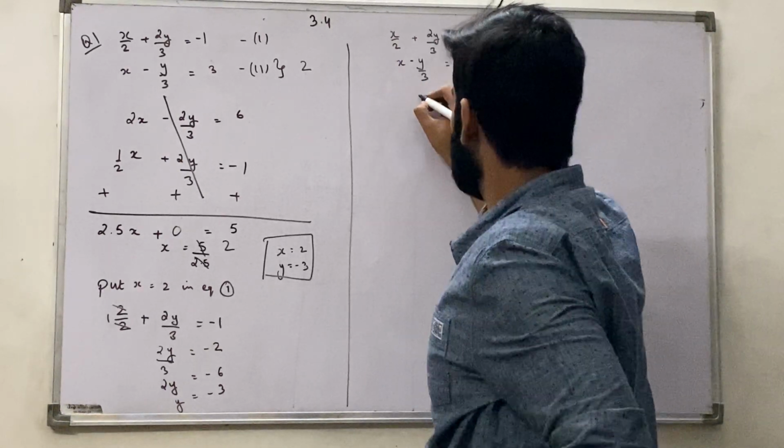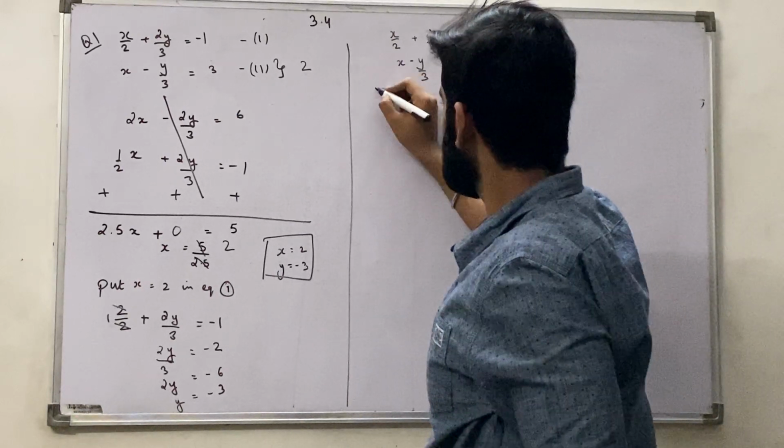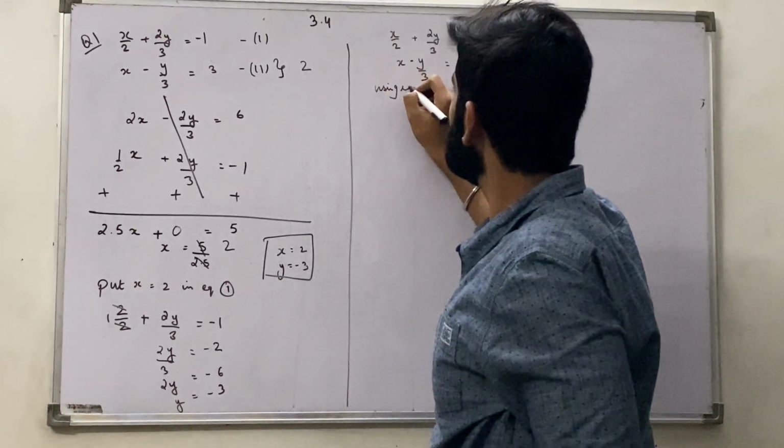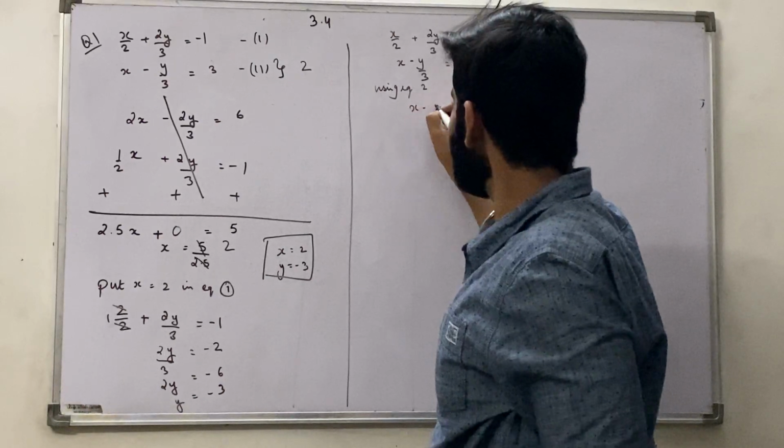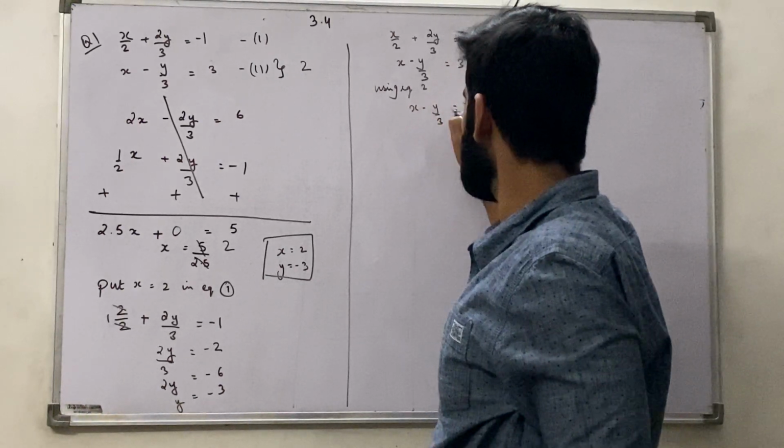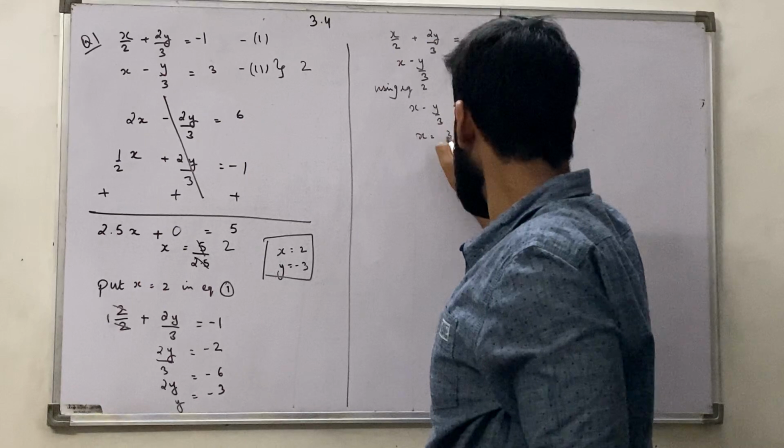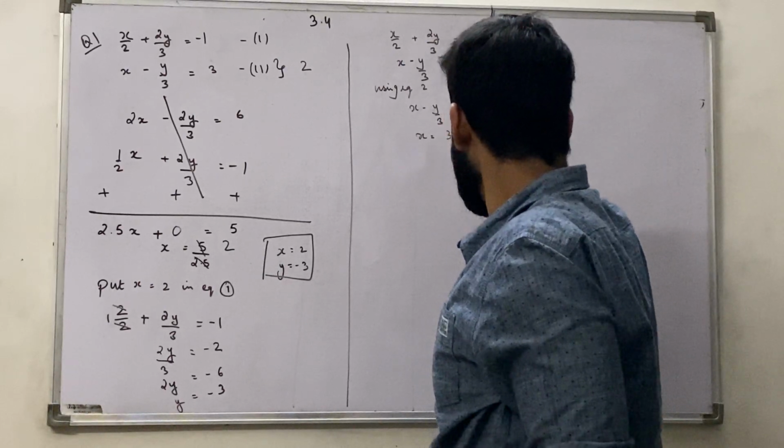Hence, we can say that using equation 2, we can say that x minus y by 3 is equal to 3. That is, x is equal to 3 plus y by 3.